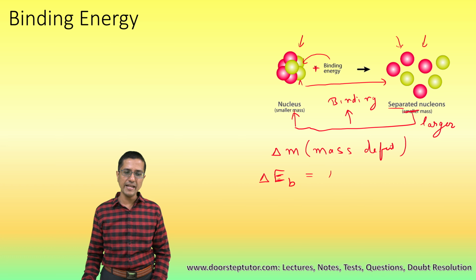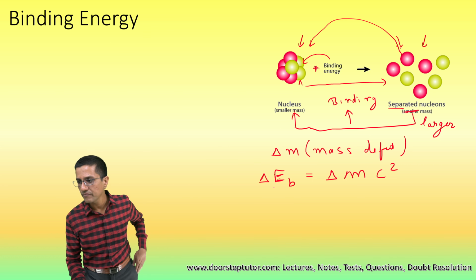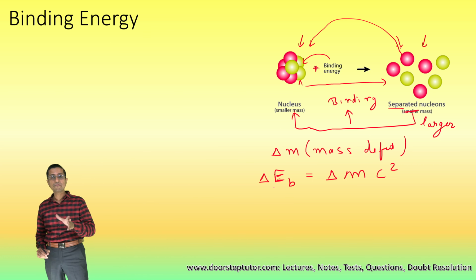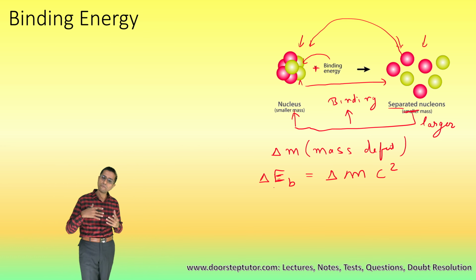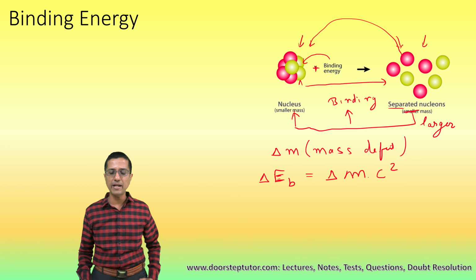And that binding energy is equal to the mass defect, how much the mass has decreased from the individual separated nucleons to the nucleus, multiplied by c squared. Okay, and that comes from Einstein's famous theory of relativity. So the amount of energy released is equal to the change in mass multiplied by c squared.